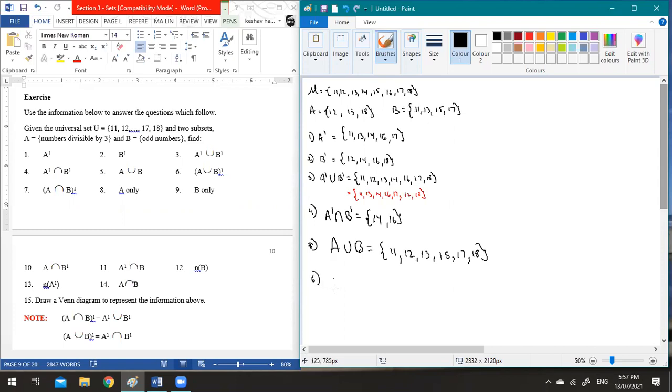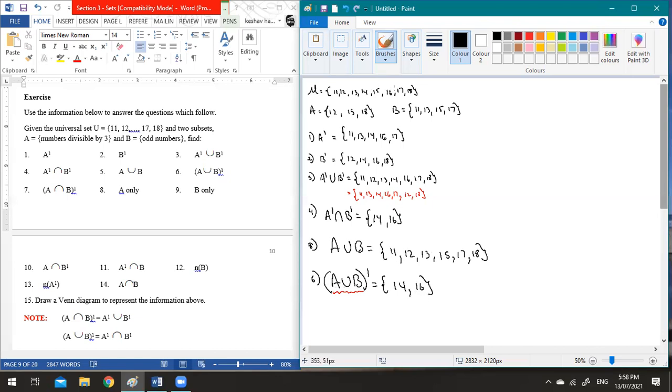Number 6, you want A union B in a bracket prime. So what does that mean? This means they want the elements that are not contained in A union B, and A union B is these elements here. So what are the elements not contained from the universal set? So we have 11, 12, 13, we do not have 14, so 14 is not contained. And 16 is not contained.